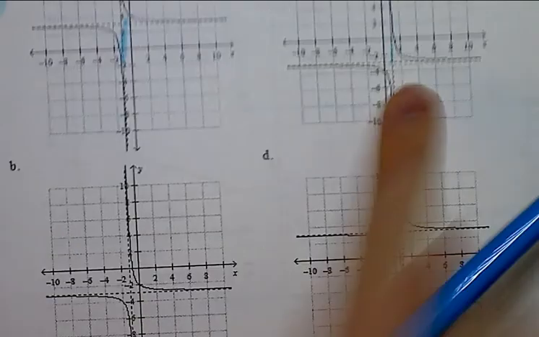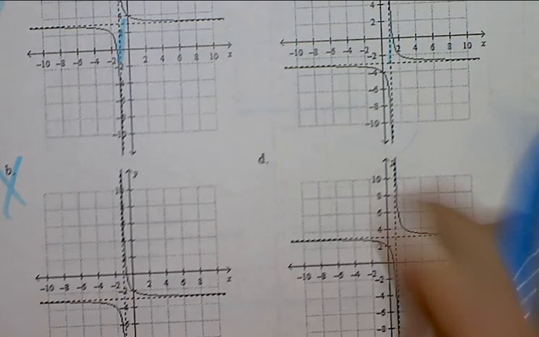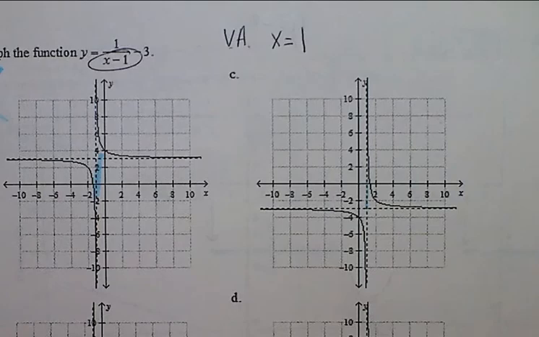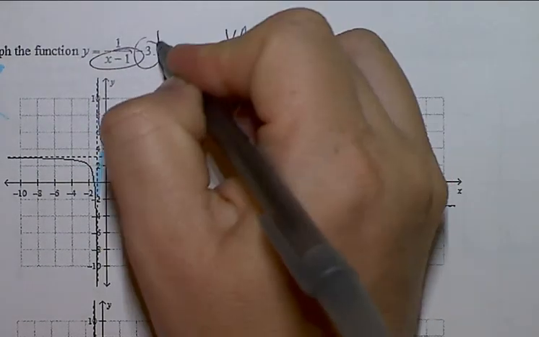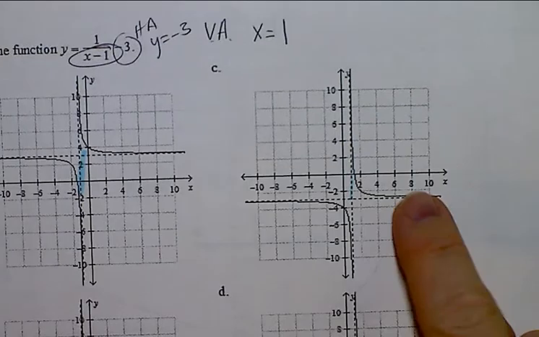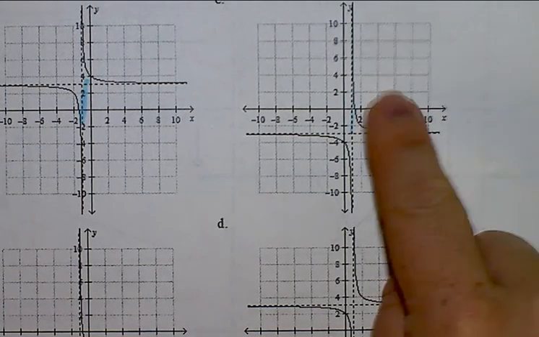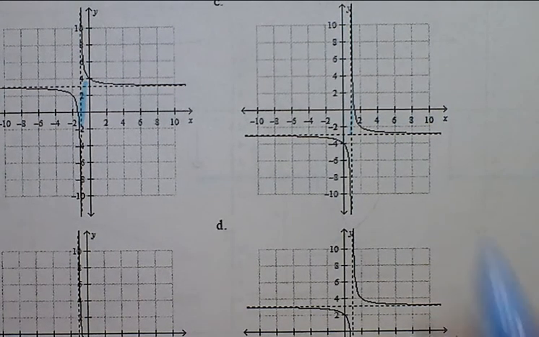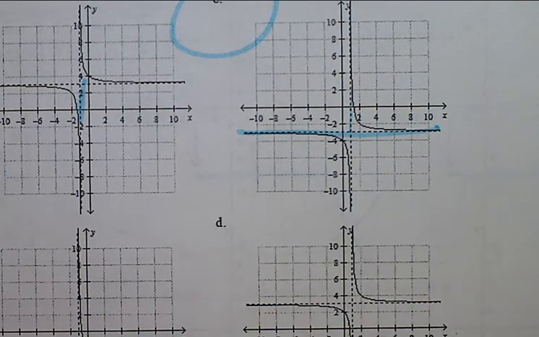Does this have x equals 1? So it could be C or it could be D. We've eliminated 2 options. Remember, in graphing form, this represents your horizontal asymptote, y equals -3. When I look at option C and option D, only one of these has a horizontal asymptote of -3, and that is option C. Flip to the next.